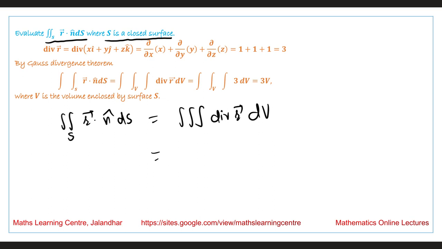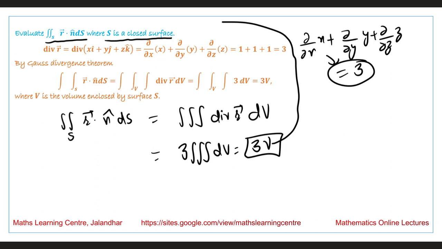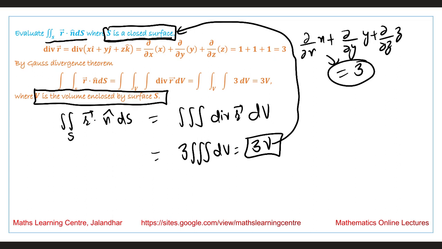Now divergence of r vector is del by del x of x plus del by del y of y plus del by del z of z. The sum of all these values is 3. So we get 3 times the triple integral of dv, which is 3 times V, where V is the volume enclosed by the closed surface S.